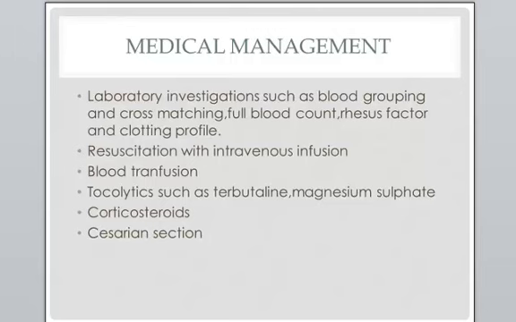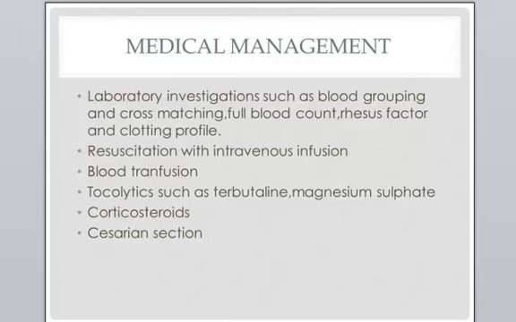So we want to know the patient's blood group and cross match, because at the end of the day the patient might lose a lot of blood and will need transfusion. So we want the full blood count, check the PCV, and know the rhesus factor of this patient. Is the mother rhesus negative or rhesus positive, so that we can prepare ahead? Maybe the patient is going to need a ROGAM injection. These are the things that we do.